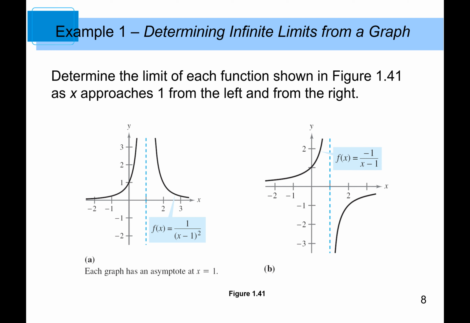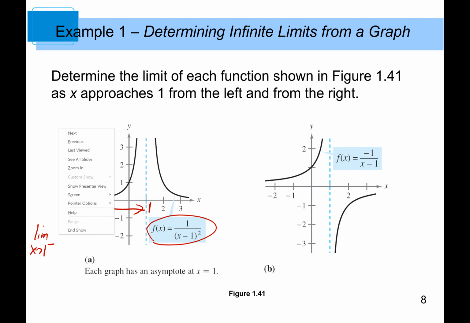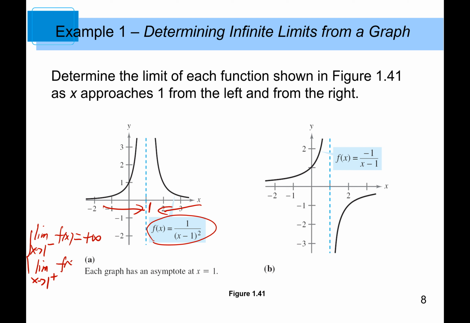On graph A, the function is f of x equals 1 over (x minus 1) squared. As x approaches 1 from the left, the limit of f of x is positive infinity, and the limit as x approaches 1 from the right of f of x is also positive infinity.